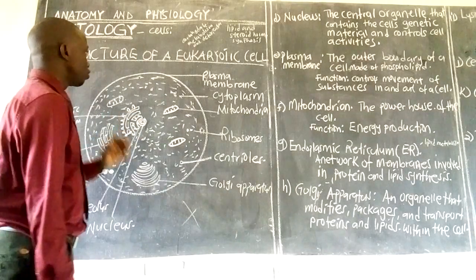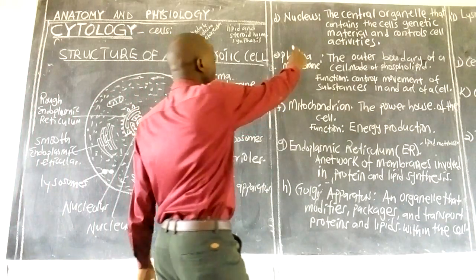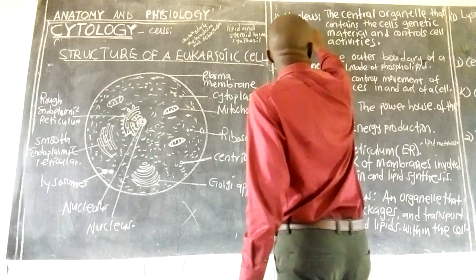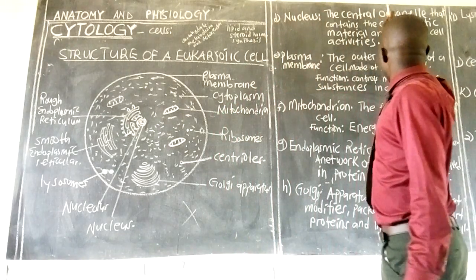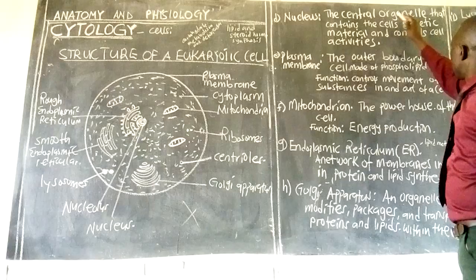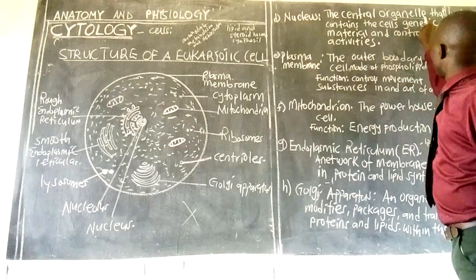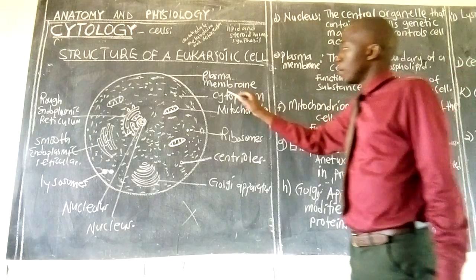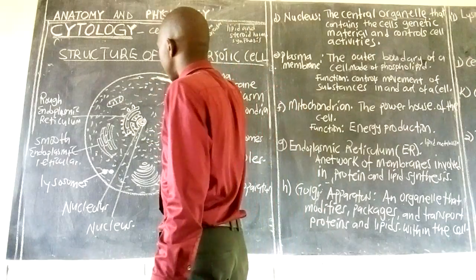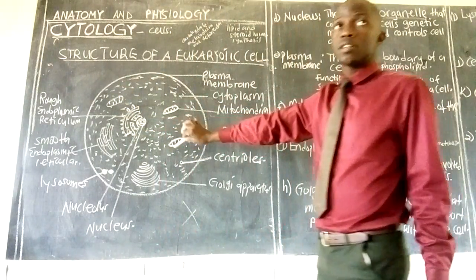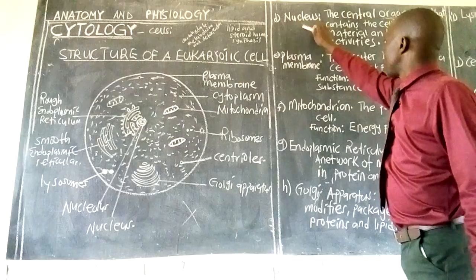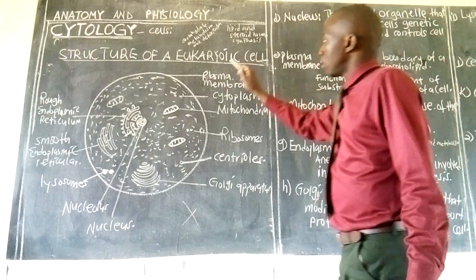Let us start with the nucleus. This is the central organelle. The word organelle means membrane-bound structures within a eukaryotic cell. So the nucleus is an organelle.